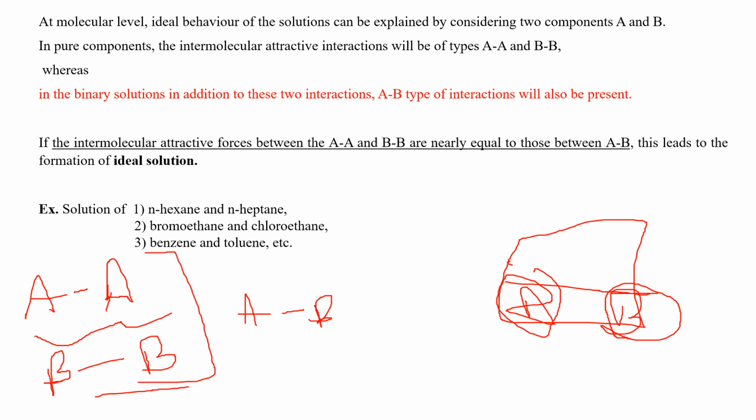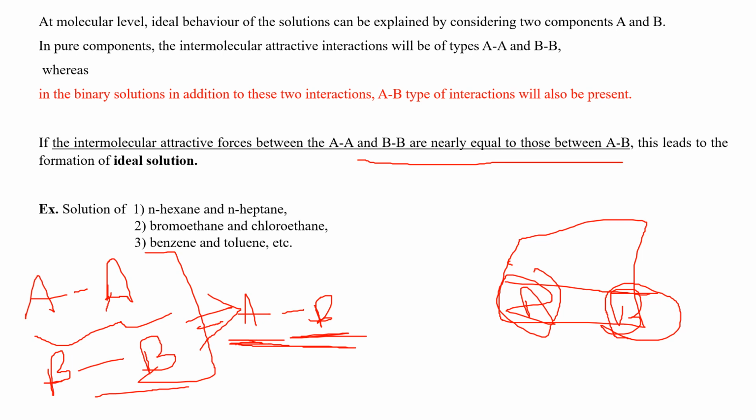And if A and B get mixed and form a solution, then we are talking about the intermolecular forces between molecule A and molecule B. Now, in an ideal solution, when these two liquids get mixed, the intermolecular attractive forces between AA and BB type molecules are nearly equal to those of the AB type molecules.